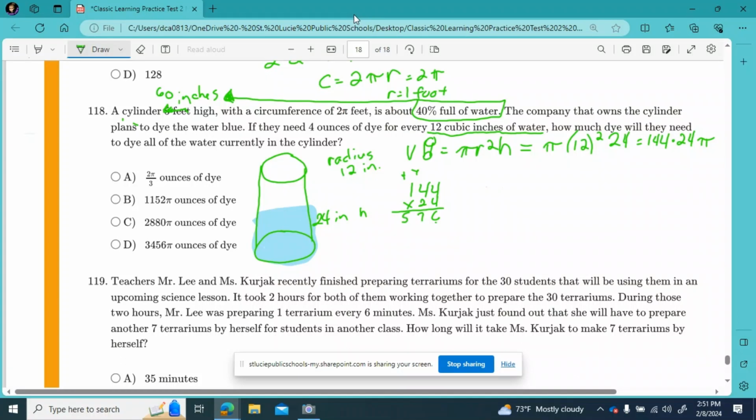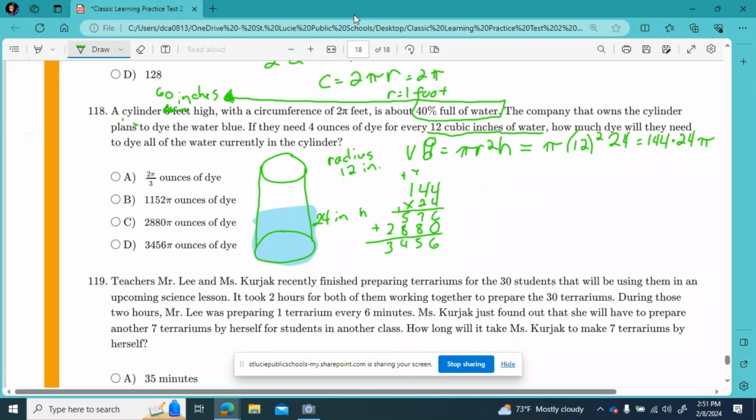Placeholder 0. 2 times 4 is 8. 2 times 4 again is 8. 2 times 1 is 2. Add them up. 6, 7 plus 8, 15. 5 plus 8, 13 plus 1, 14.